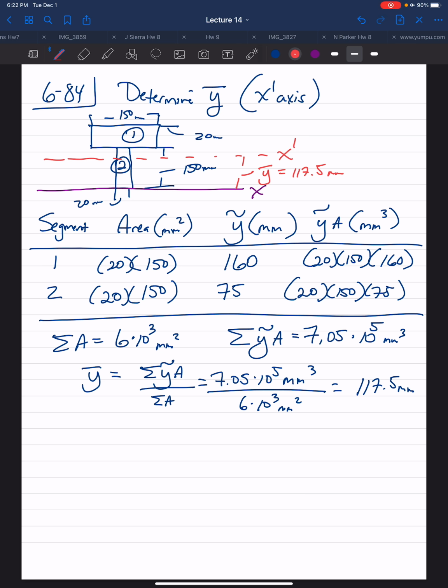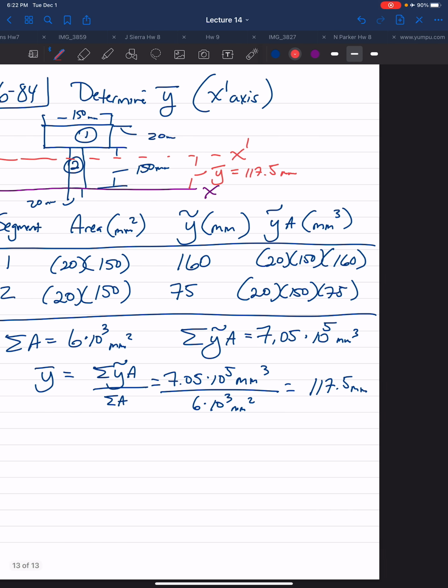Now I just wanted to find the moment of inertia about the x and about the y axes, I sub x and I sub y. Let's go to another page, keep working. Let's redraw a figure.